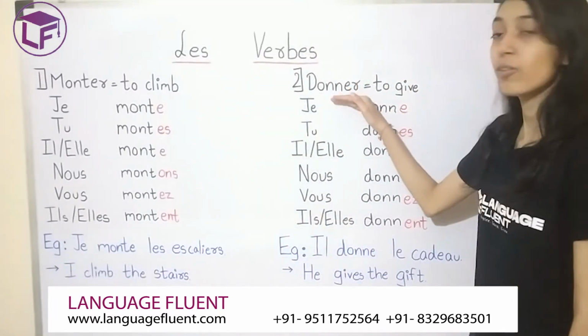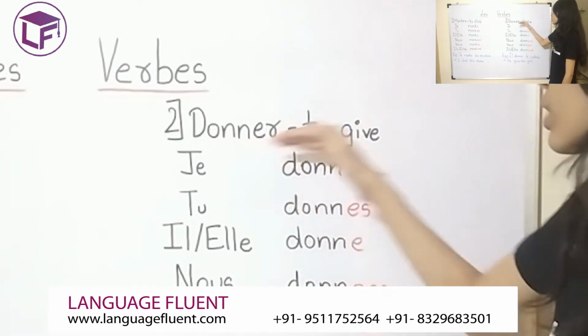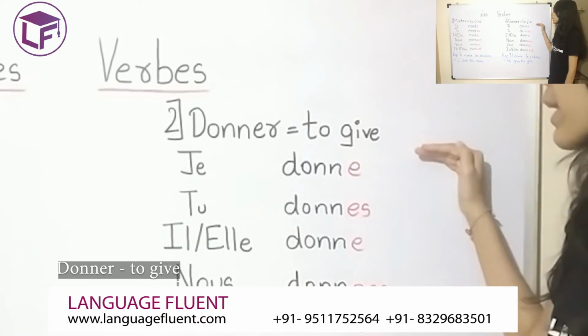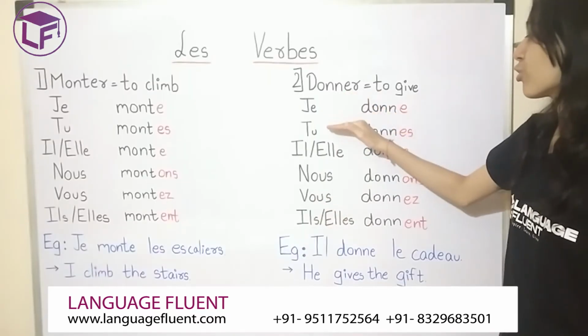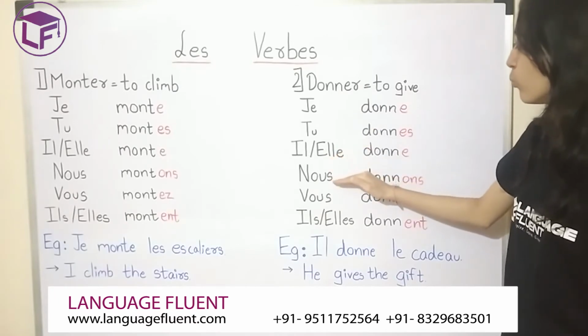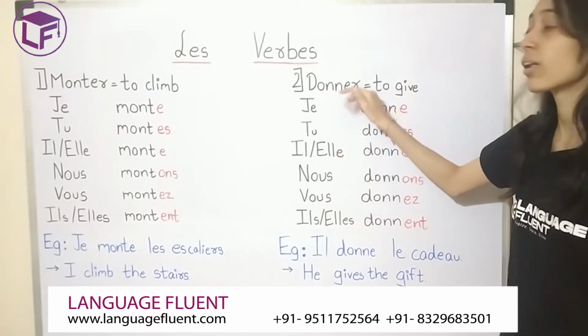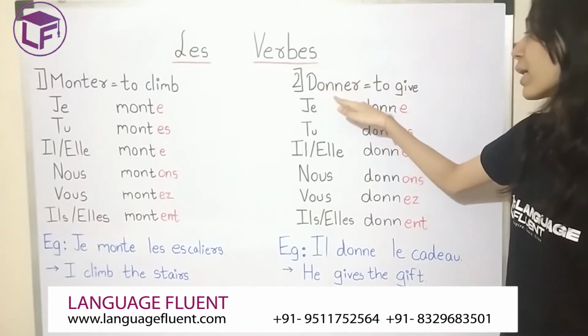Now, the second verb is donner, which is to give. Again, we write subject pronouns as it is. Je, tu, il, elle, nous, vous, il, elle. From donner, we cut er, and the word we get is donn.